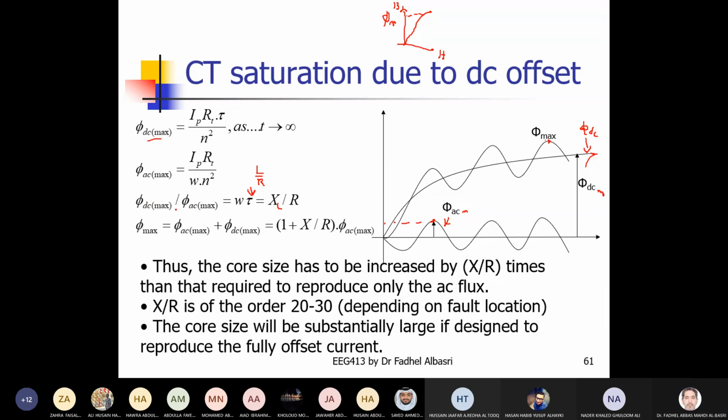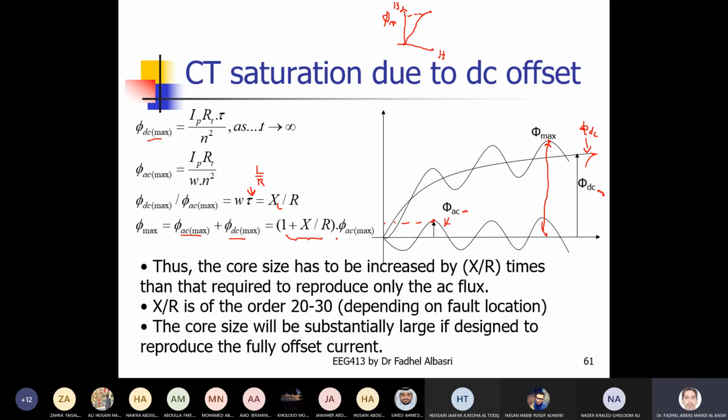So I can say that phi maximum, which is phi DC plus phi AC, from here to here, gives us, if I take phi AC as a common factor, phi DC is equal to phi AC times X over R. So I'll get 1 plus X over R times phi AC.